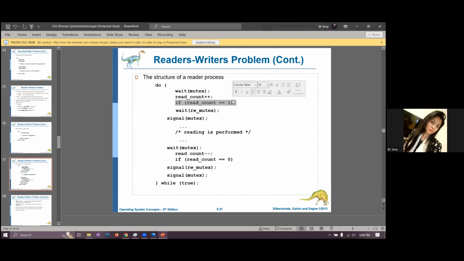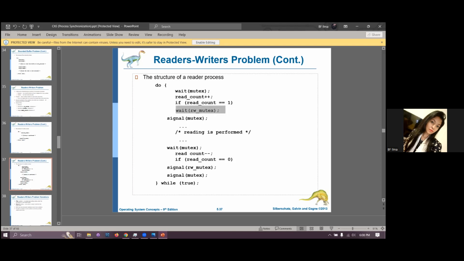If the read count is equal to 1, then it waits on read write mutex. What does this mean? If there's any writer writing at that time, we have to wait until it has finished its writing. Because when a writer process is inside its critical section, we cannot allow a reader to enter into the critical section. So it waits on this mutex.